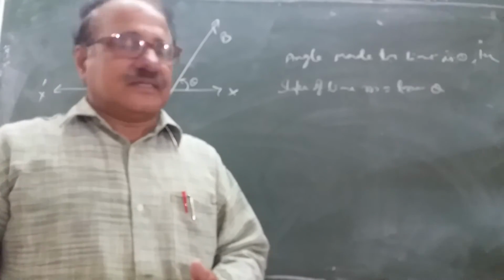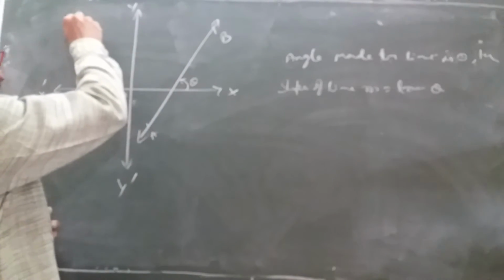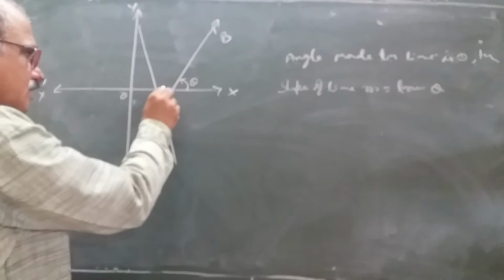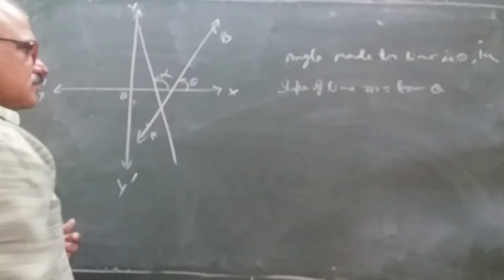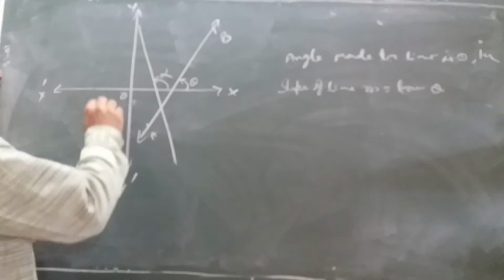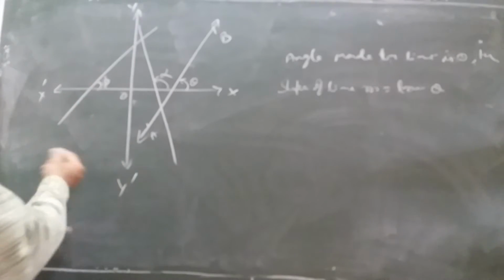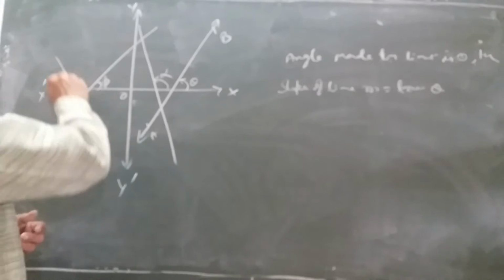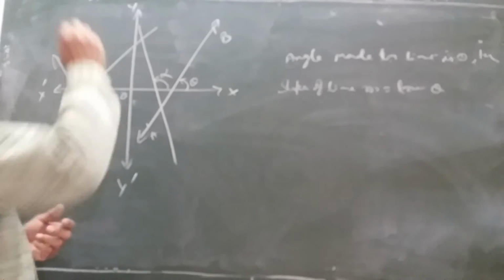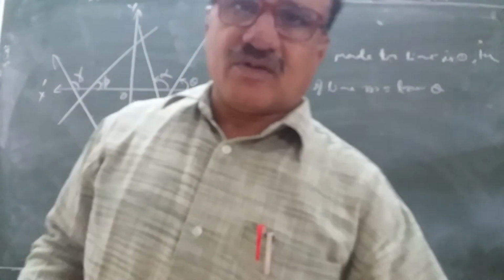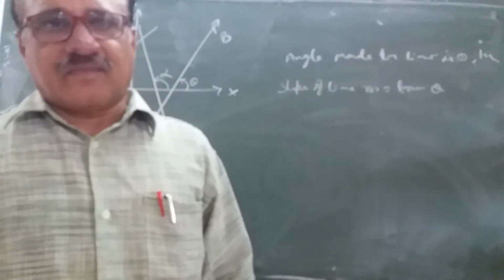Suppose there is a line like this. This is alpha, tan alpha, beta, tan beta, gamma, tan gamma. Like that we can find the slope of every line.